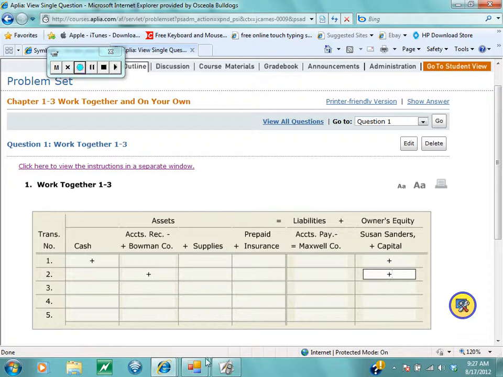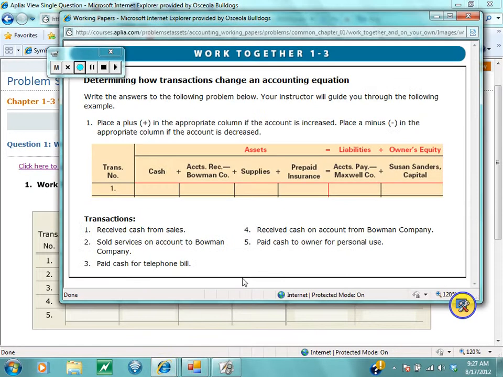Now transaction number 3. Paid cash for telephone bill. Whoa! There's no telephone bill account up here. But telephone bill is an expense which is considered a contra account to owner's equity. Contra means it does the opposite.